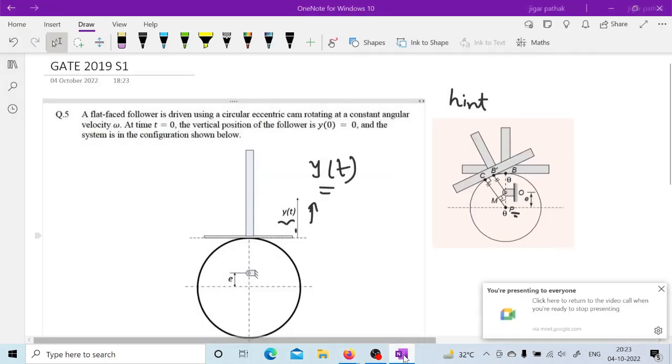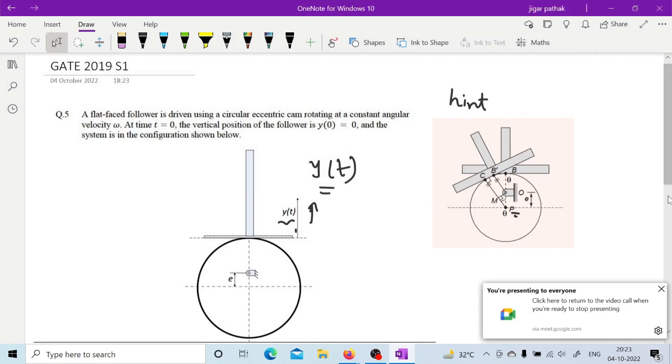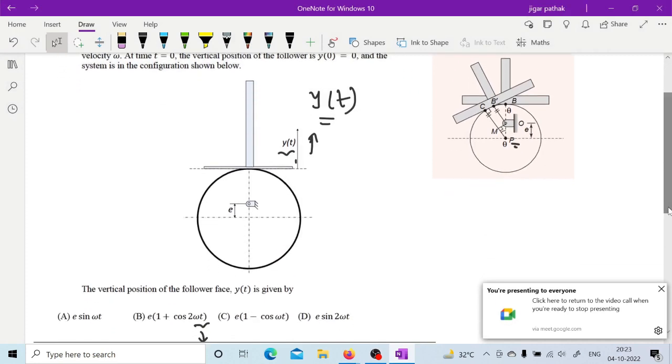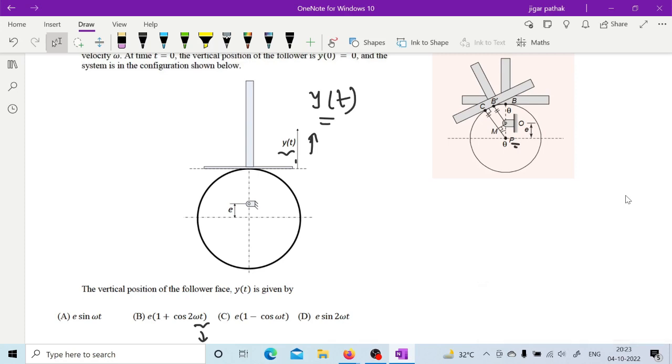So can you show the options? B, sir. Okay. What are the others getting as the answer?